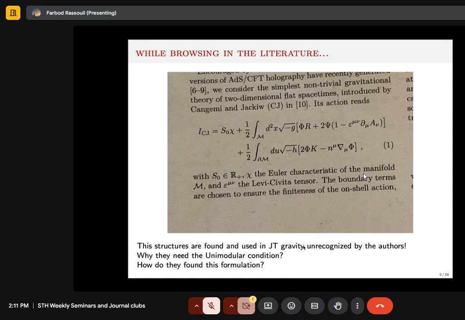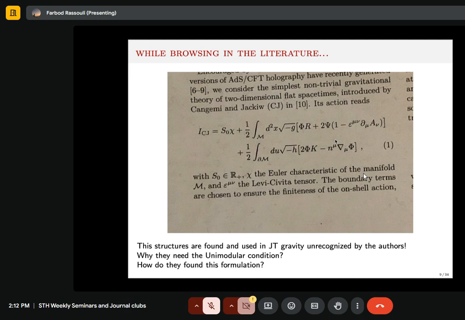While browsing the literature on JT gravity, you find exactly a ψ here, with 1 minus the ε^{μν}∂_μ A_ν, and indeed this is already unimodular. We're going to show how it is unimodular. It's unrecognized by the authors, at least as far as I know, because they don't know about this unimodular business in 4D, I guess.